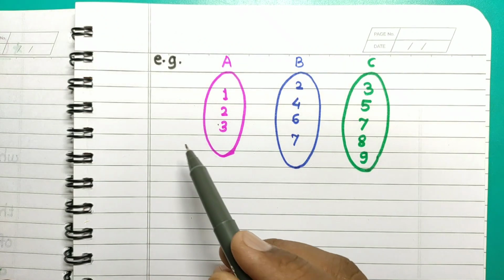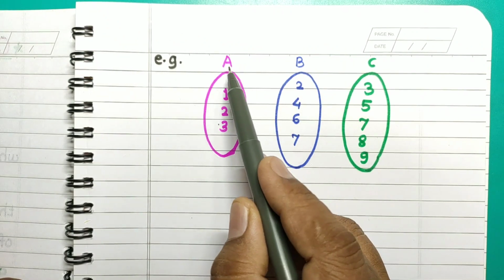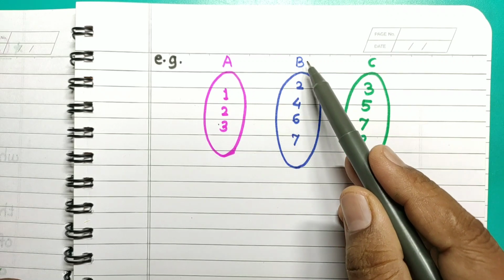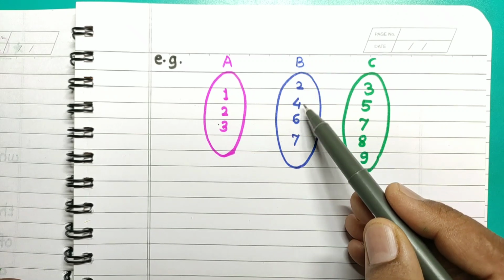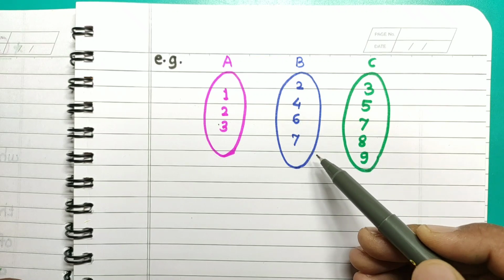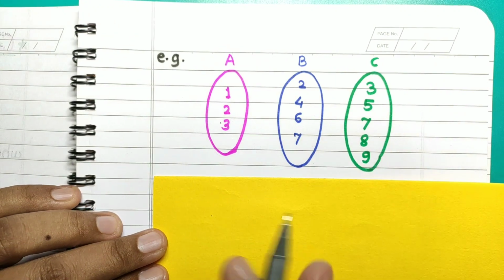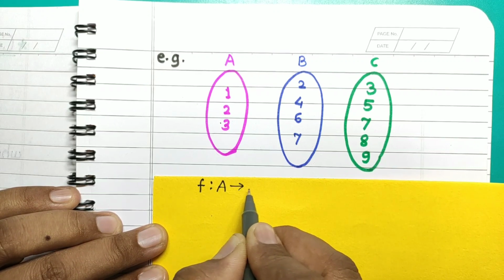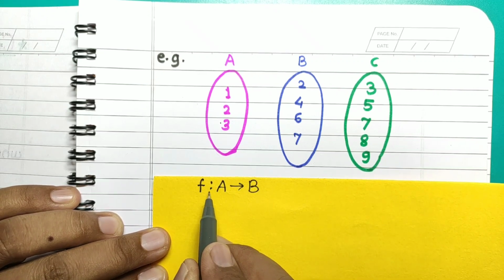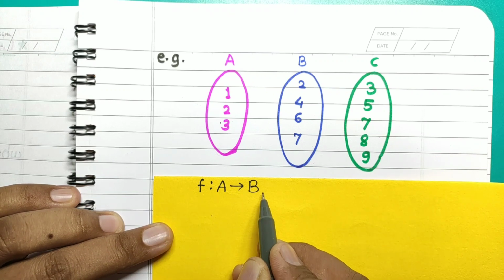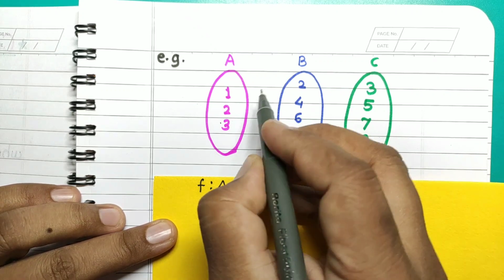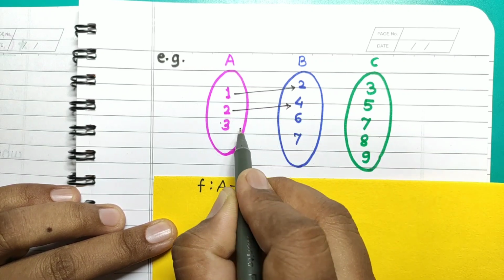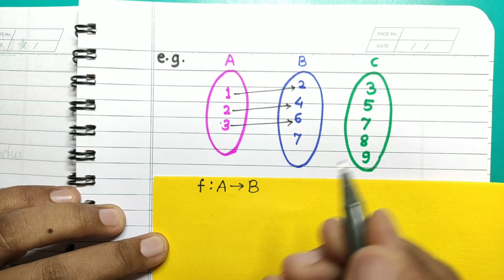Students, let's see one example. For this, consider set A, which contains elements 1, 2, 3, and set B, which contains elements 2, 4, 6, and 7. Consider function f from set A to set B, under which 1 is related to 2, 2 is related to 4, 3 is related to 6.